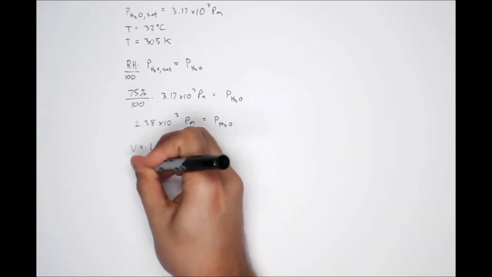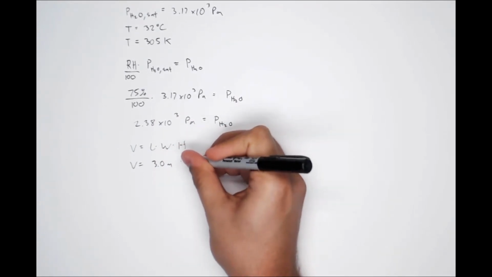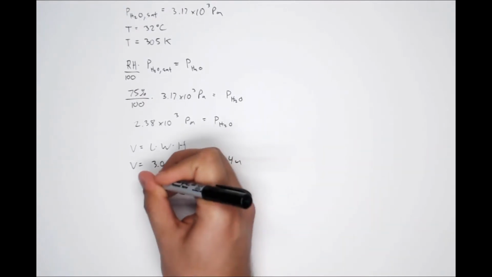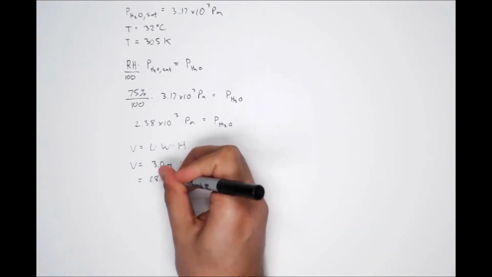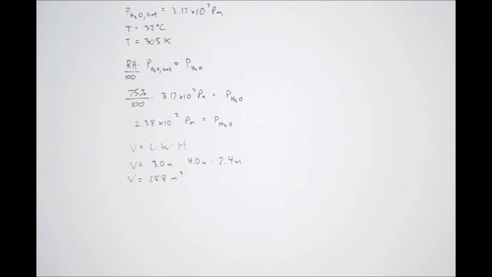Let's just say we're doing 3 meters times 4 meters times 2.4 meters. That will come out to be 28.8 meters cubed, and that'll be our volume.